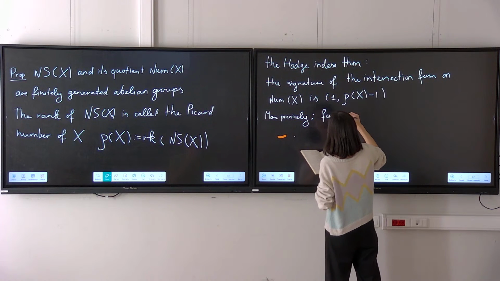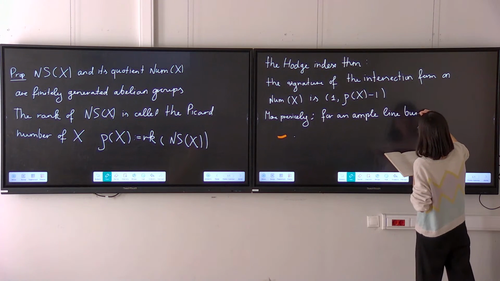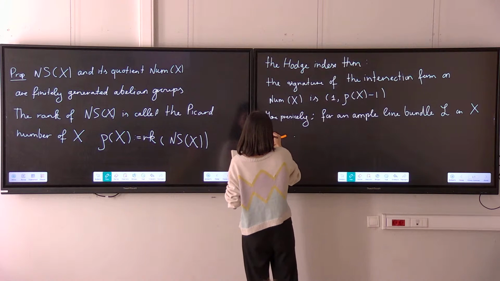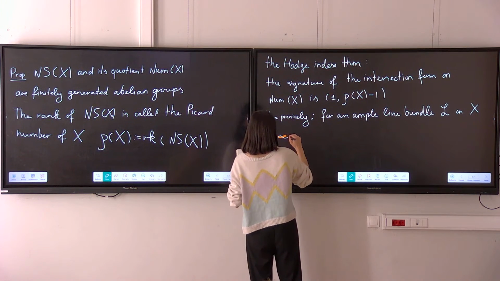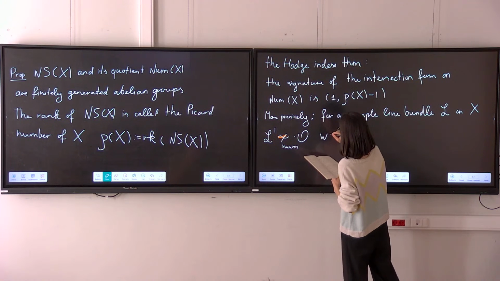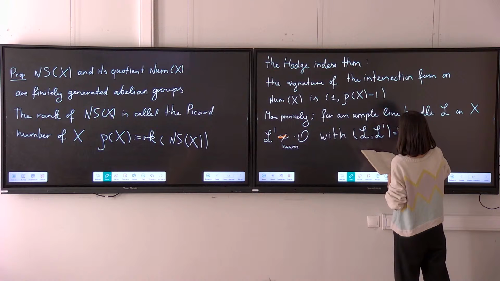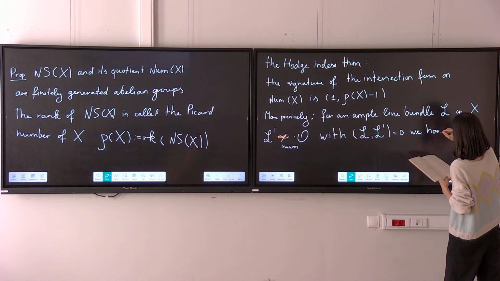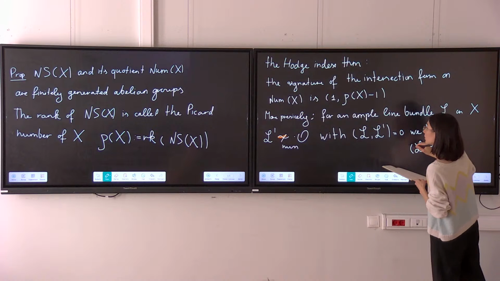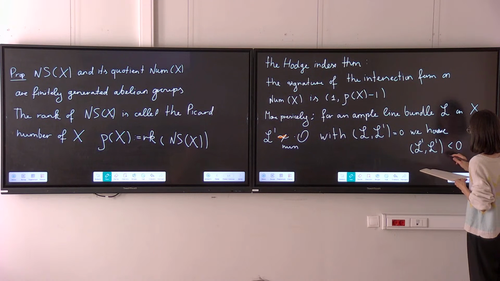This tells us that for an ample line bundle L on X and a line bundle that isn't numerically trivial and is orthogonal to L, to an ample line bundle, its self-intersection is strictly less than 0.